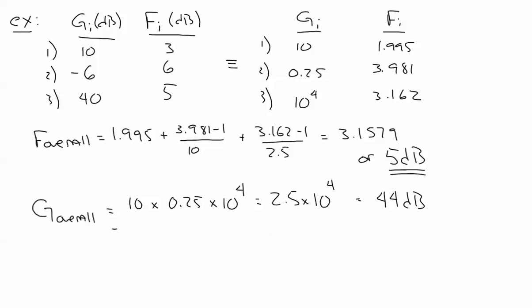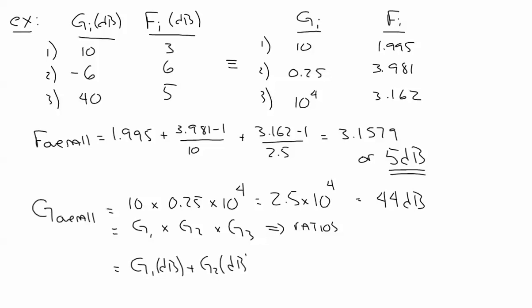All right, this is clearly just gain 1 times gain 2 times gain 3, where I'm working with ratios here. Or, turns out I can also just add the gains in dB. That's 10 plus 40 minus 6, that's 44 dB. Okay? The gains in dB simply add.